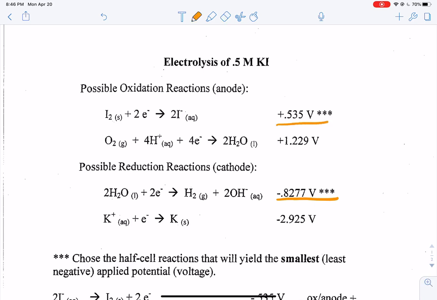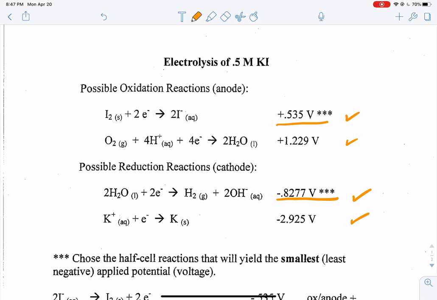Here's another way to look at it. Imagine, like we did before, that these were altitudes instead of voltages. Imagine that we were talking about potential energy gravitationally and not potential energy per charge, which is voltage. And so we had one altitude at 1.229 kilometers, one altitude at a little more than half a kilometer, and below sea level we had an altitude of 0.82 kilometers below sea level, and this one was almost 3 kilometers below sea level.